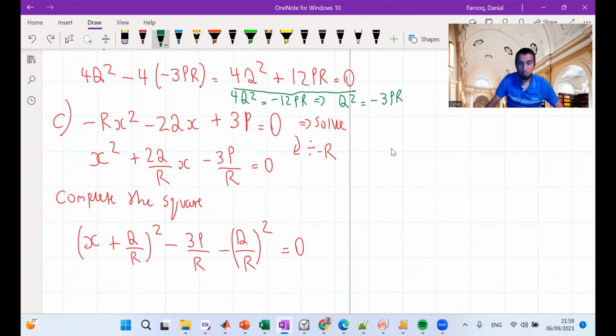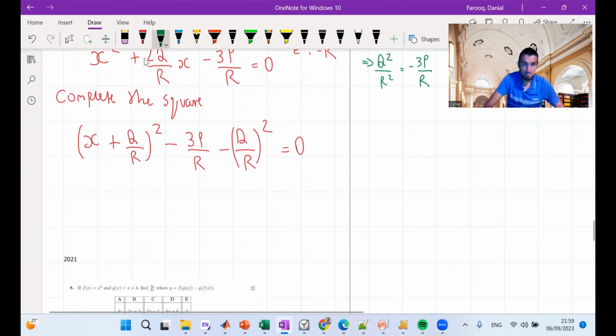So what we should do then is we will see that q squared divided by r equals minus 3p. Divide both sides by r again, and we'll get q squared over r squared equals minus 3p over r. Okay, so that means that this would be minus 3p over r minus 3p over r equals 0.